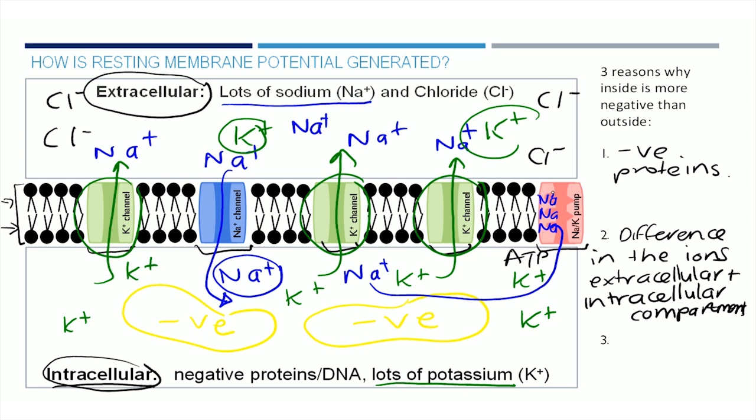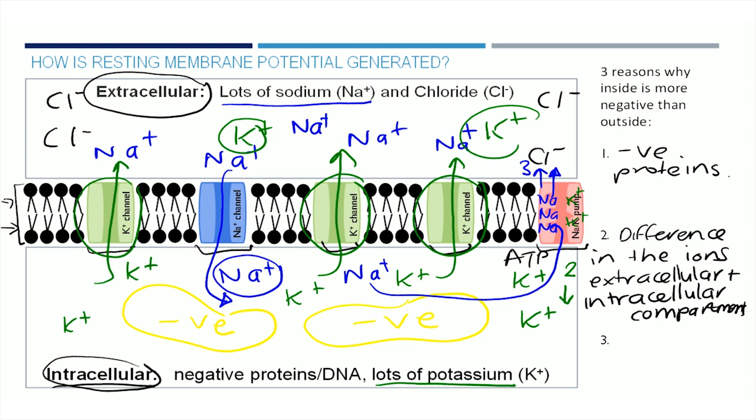So 3 sodiums are getting pumped back out of the cell against their concentration gradient, but you can see there's only place for 2 potassium ions. So 2 potassium ions are coming in, whereas 3 sodium ions are being pumped out, therefore meaning that the inside is even more negative to the outside because there's fewer positive charges there.